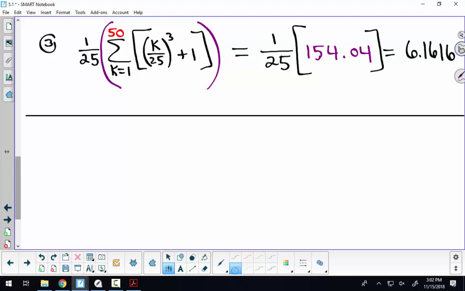Let me just say here, summation calculator used. All right, so this will be, I guess, the long way. By hand.